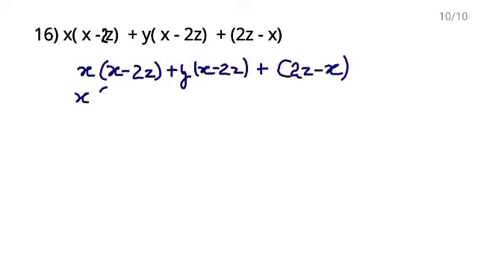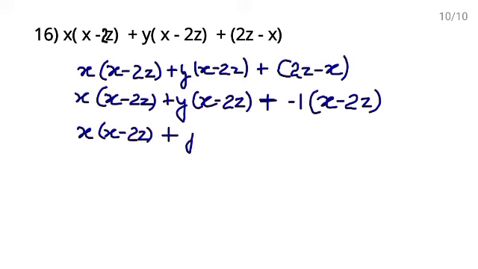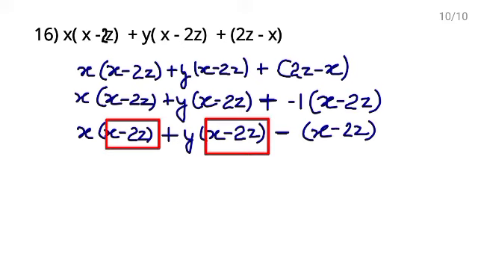So this is x into (x minus 2z) plus y into (x minus 2z) plus minus 1 you have taken common. So right here minus 1 in bracket it will become x minus 2z. So this becomes x into (x minus 2z) plus y into (x minus 2z) plus minus (x minus 2z). Right, now we have (x minus 2z), (x minus 2z), (x minus 2z) as the common binomial factor.